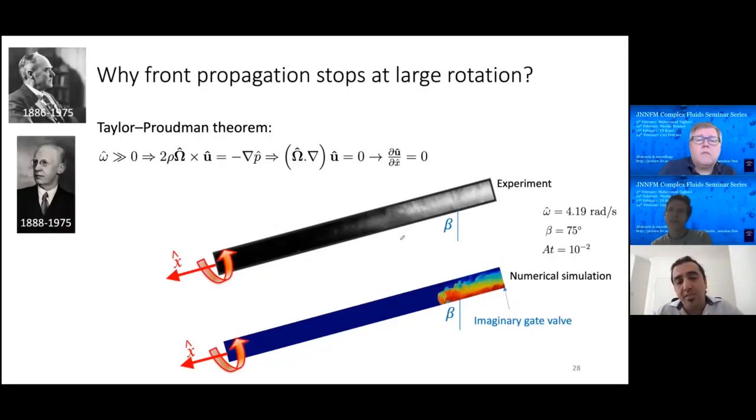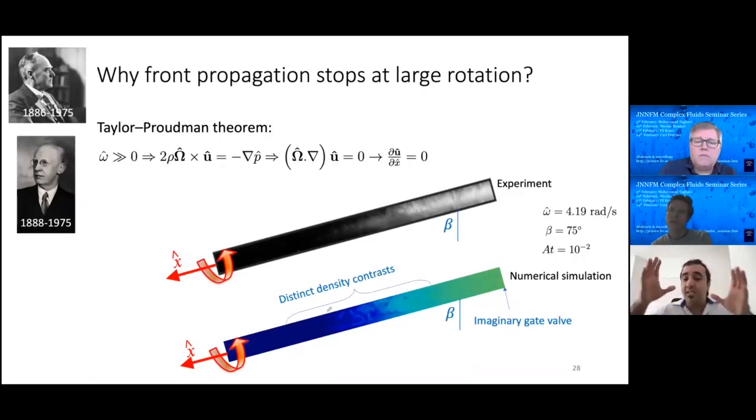What we observe is that initially the fluids are segregated, but they start to mix, and eventually they mix very significantly, and at longer times the large-scale propagation stops. But again, in the simulation we observe that a distinct density contrast between the two fluids persists. So what happens?